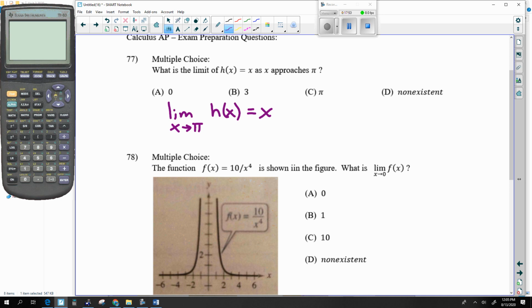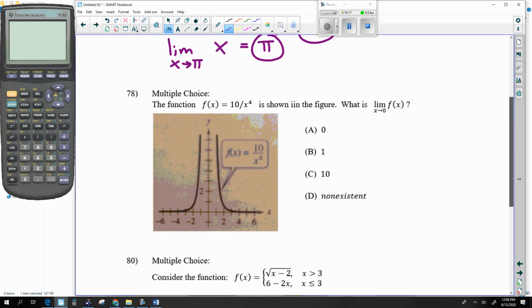Okay, h of x is equal to x. There it is. So what is the limit of h of x? That is the same thing as h of x. What is the limit of h of x as x approaches pi? This is basic substitution. Sorry, I had to read it a couple times. My bad.